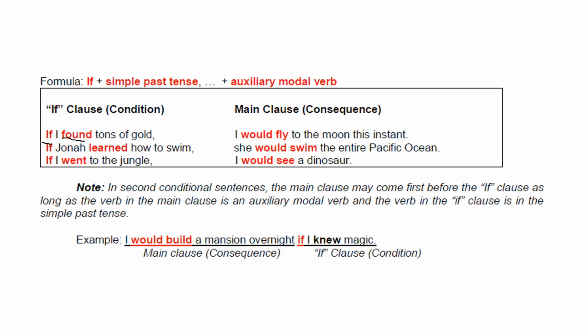If I found tons of gold, I would fly to the moon this instant. Wow, this is impossible, right? If Jonah learned how to swim, she would swim the entire Pacific Ocean, which is so impossible for a human being to do.